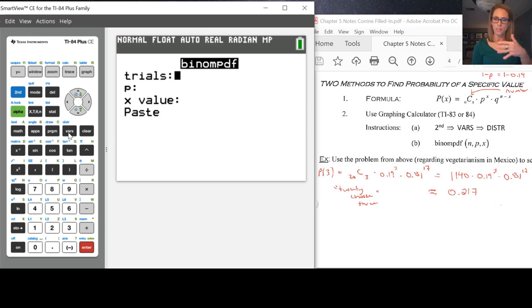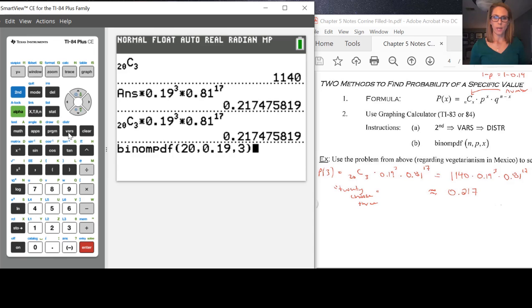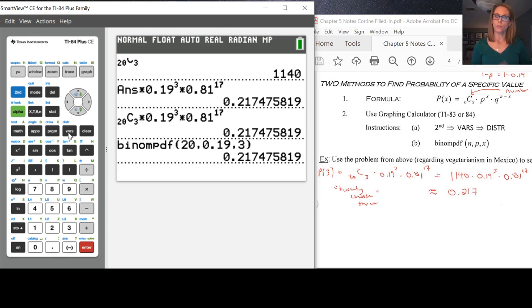Trials is in this case, the number of Mexicans that were surveyed, 20. P is the probability of success. Success is being a vegetarian in this case, so that's 0.19. X value is the number of successes that you want. That is 3. Calculator does all the rest. So we press enter and enter again. And there's our same answer using Binompdf.